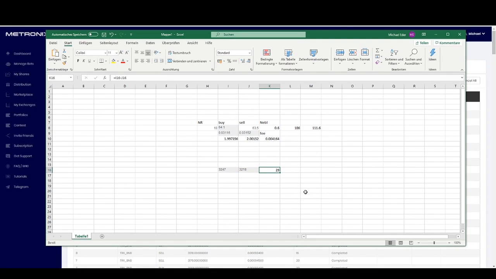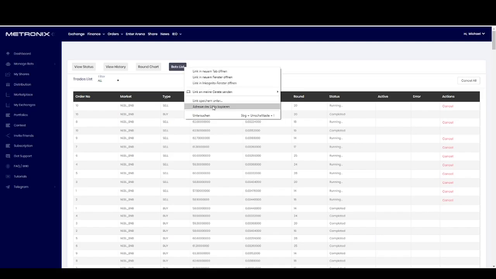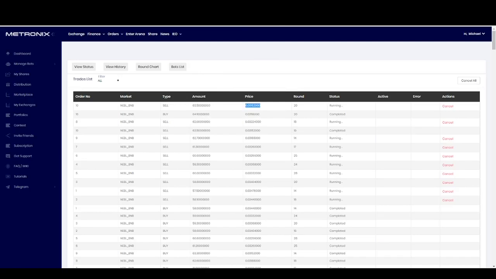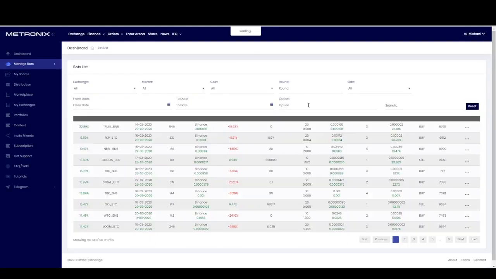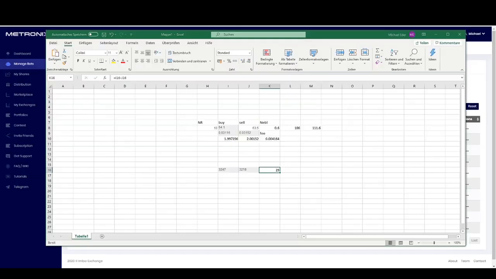So every round we take out 29 Tron out of the market. And we can also check how many rounds we have here: 144. This is also a little bit more than 1 month. So you can also calculate that only with this one trading slot you take 4,176 Tron out of the market.